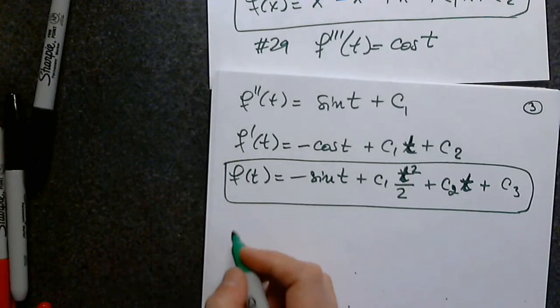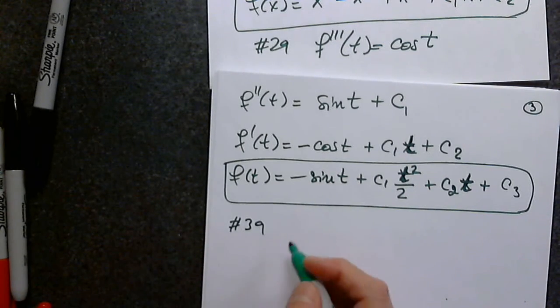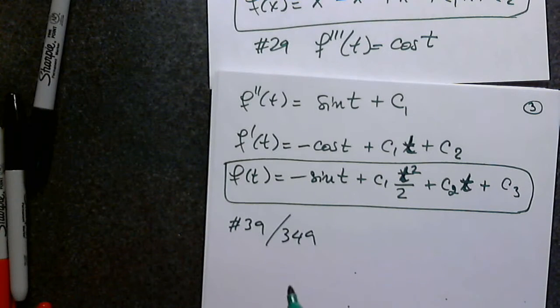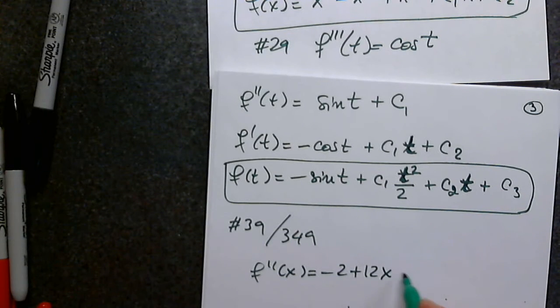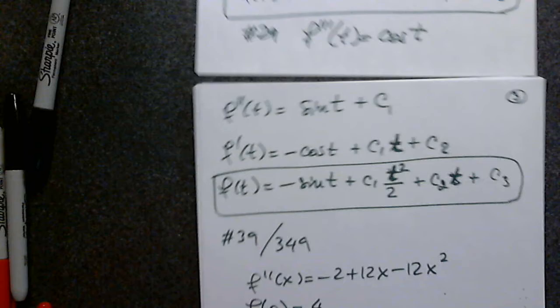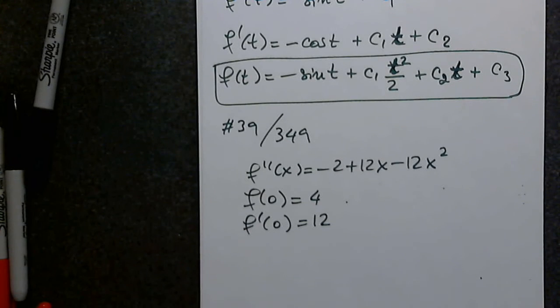39, on page 349. So the second derivative equals negative 2 plus 12x minus 12x squared. We are told that f of 0 is 4 and f prime of 0 is 12. Now this is a totally different situation.